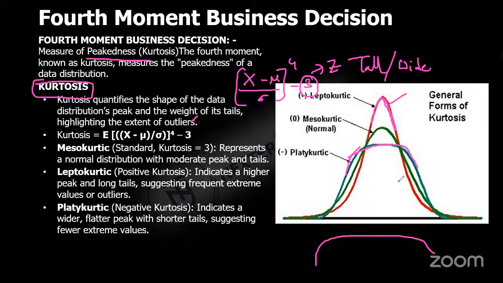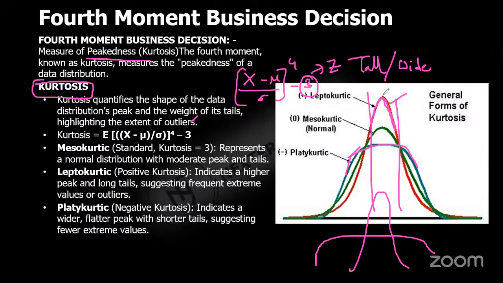But in positive kurtosis, the data is settling at one particular position. At this position we have the majority of the data, so that is why we see a sharp, tall peak.